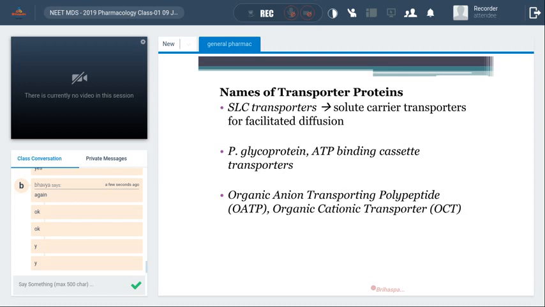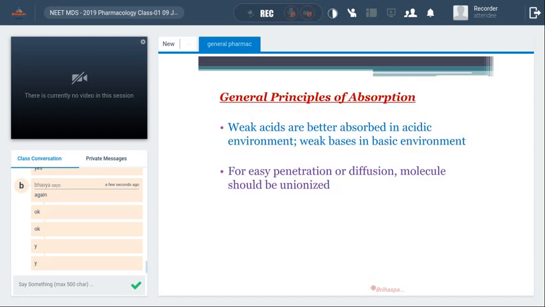These are just the names of transport proteins which help in facilitated diffusion for certain drugs. We have organic anion transporting polypeptide and organic cationic transporter, OATP and OCT. So I repeat, SLC transporters, P-glycoprotein, ATP binding cassette transporters, organic anion transporters, and cation transporters. Fine, just know the names, and among which P-glycoprotein is the most important.